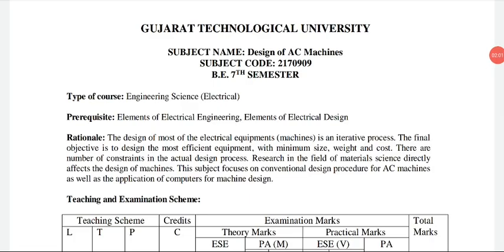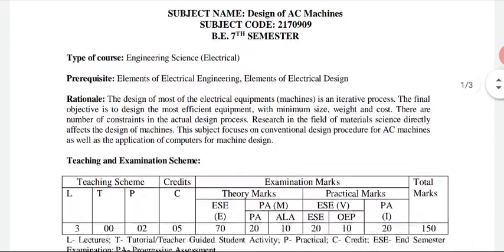In front of you is the detailed teaching scheme of Design of AC Machine, which has the subject code 2170909.